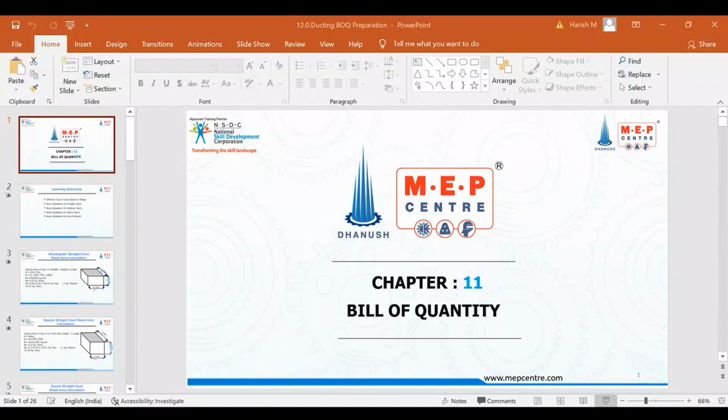Are you able to see the full screen? Guys. Guys, are you there? Yes, sir. If I go with the full screen slideshow, are you able to see the slideshow? Are you able to see it? Yes, sir. Right now I am into a rectangular duct. Again, are you able to see this slideshow? Okay.